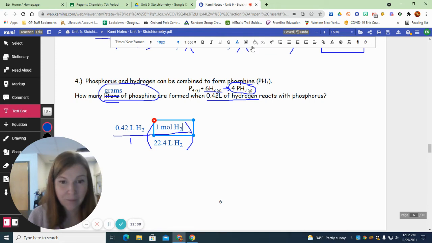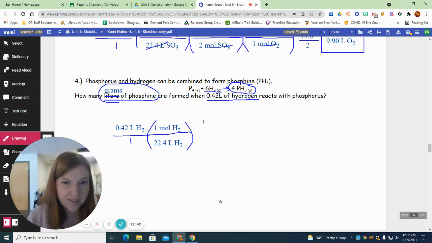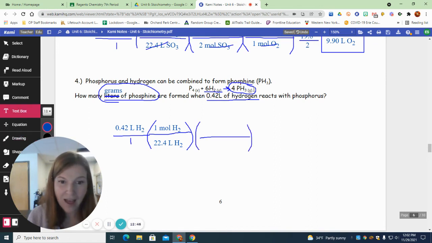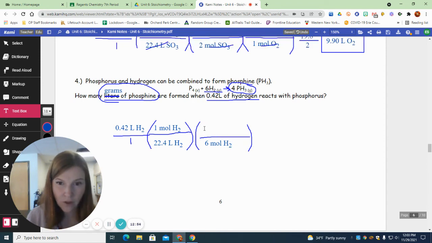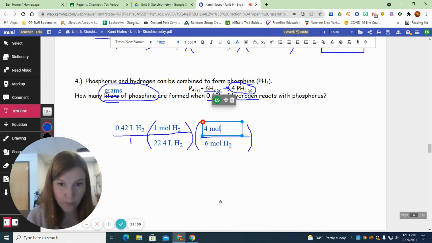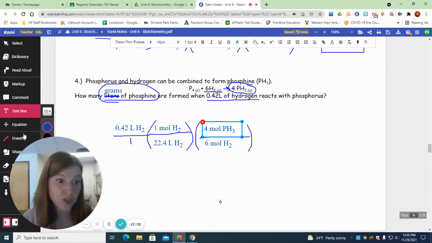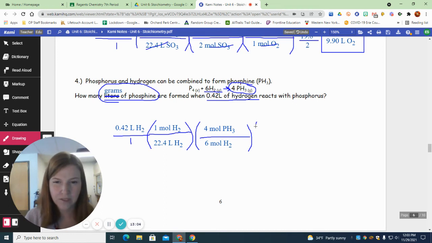So really, mathematically, you're dividing by 22.4 at this step. My next step then is to use the mole ratio. I know based on this that there are 6 moles of H2 for every 4 moles of PH3. That's the phosphine. You could reduce this down if you wanted to reduce the ratio. Mathematically, it's all going to work the same.